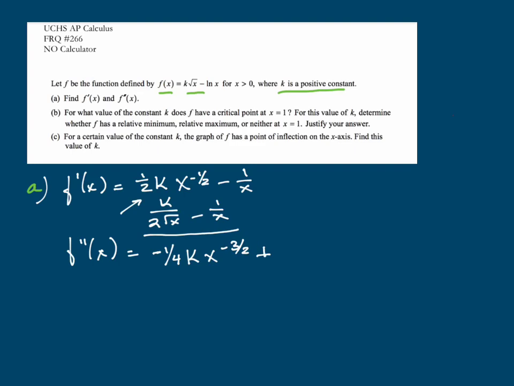So that would be plus 1 over x squared. So let's rewrite that to be negative k over 4x to the 3/2, just leave it like that, plus 1 over x squared. So we have the first derivative and the second derivative. All right, let's go on to part B.